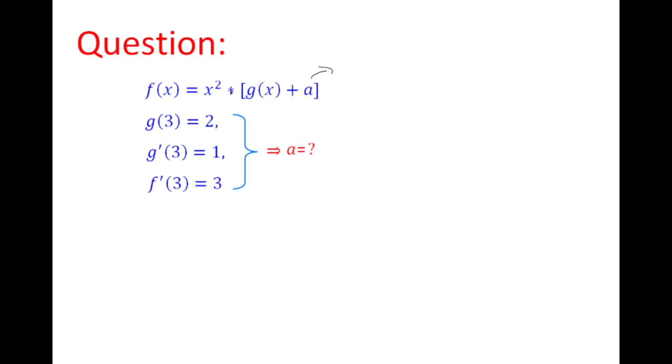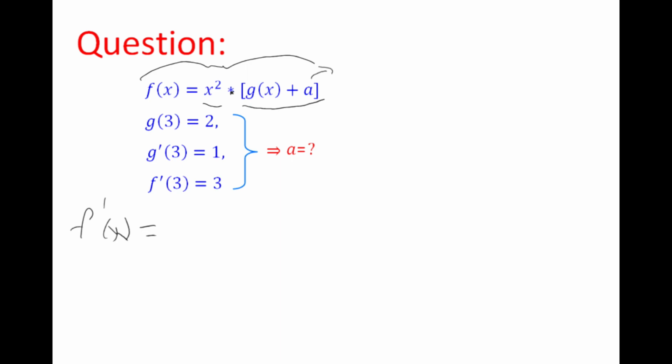g of x is a function and f of x is a function also. So if we take the first derivative, then f prime of x is equal to... here we are multiplying x squared, which is a function basically, with another function. We can treat this part as another function.